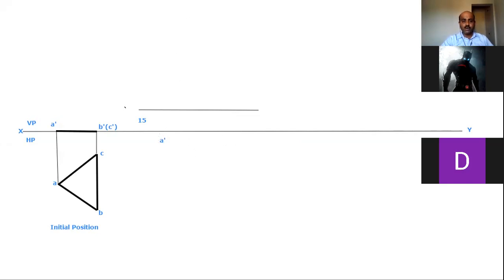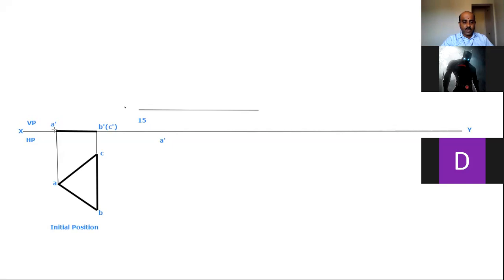Any point you can mark on this point here. I will just point out this. Okay, no problem. So mark one point, that is A dash, on the XY line. Take a compass.